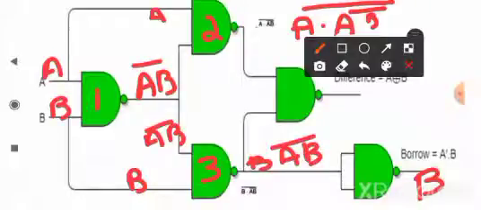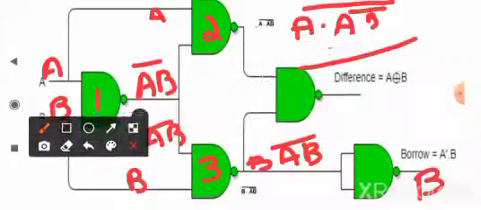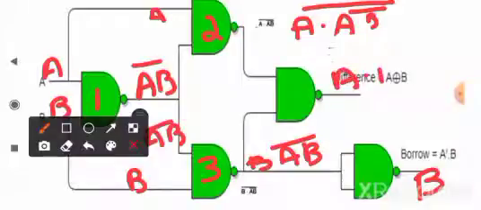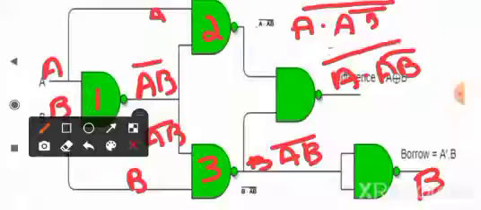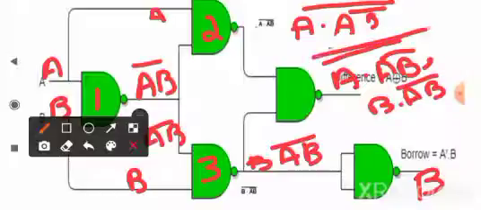Okay, so the same thing you will be getting here, and the difference is being taken, and you will be getting the sum as A dot AB complement dot B dot AB complement, whole complement.